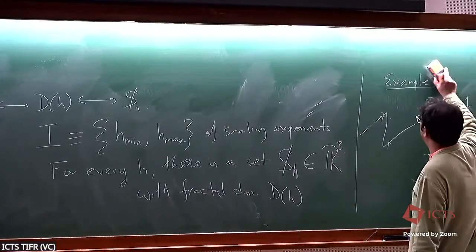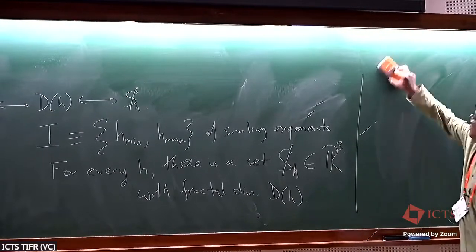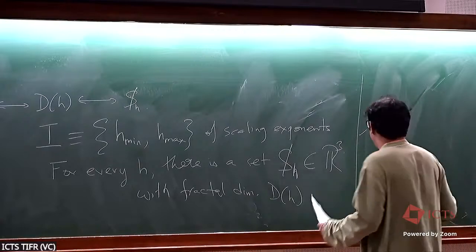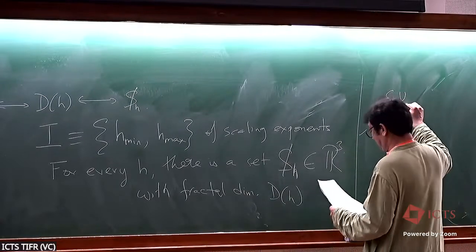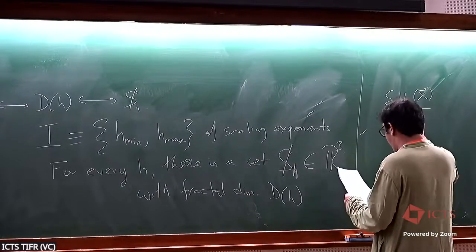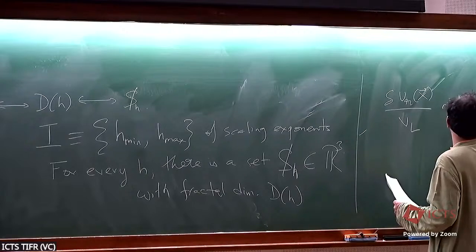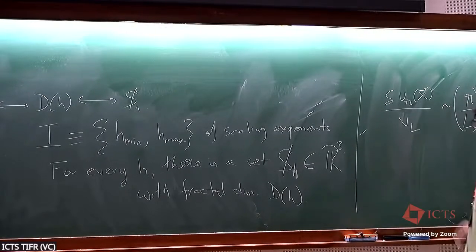So with this, we just generalize what we had written before in a reasonably simple manner. The velocity increment goes as R by L to the power H, which we had done in the past, where X belongs to.